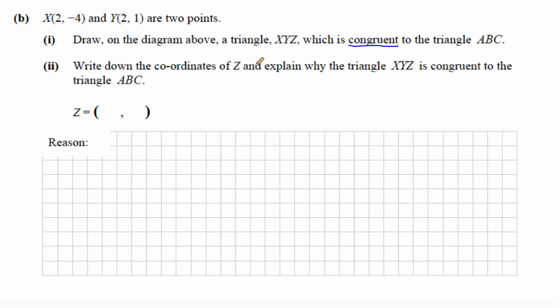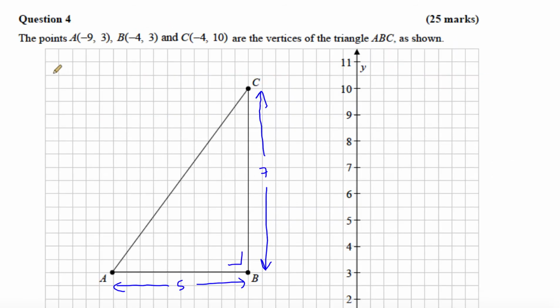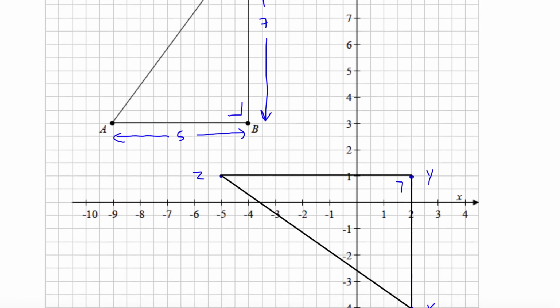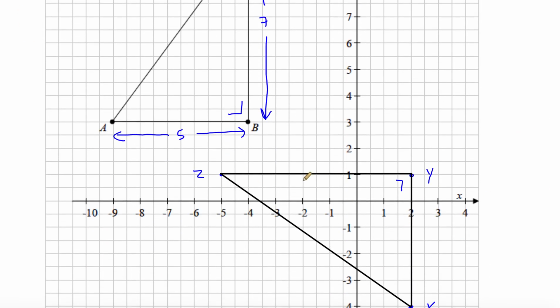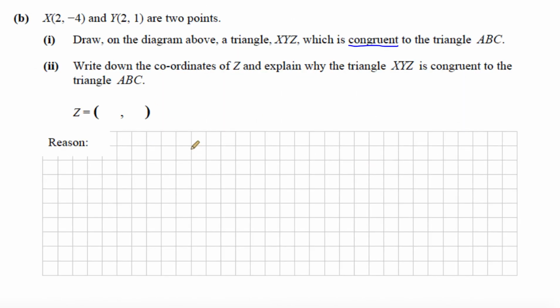Write down the coordinates of Z and explain why the triangle XYZ is congruent to the triangle ABC. Well, the coordinates of Z are minus 5, 1. Okay, and how do we show congruency?